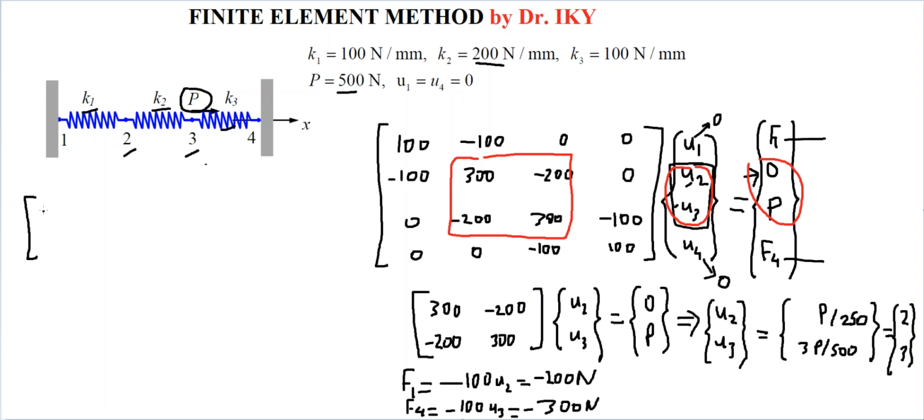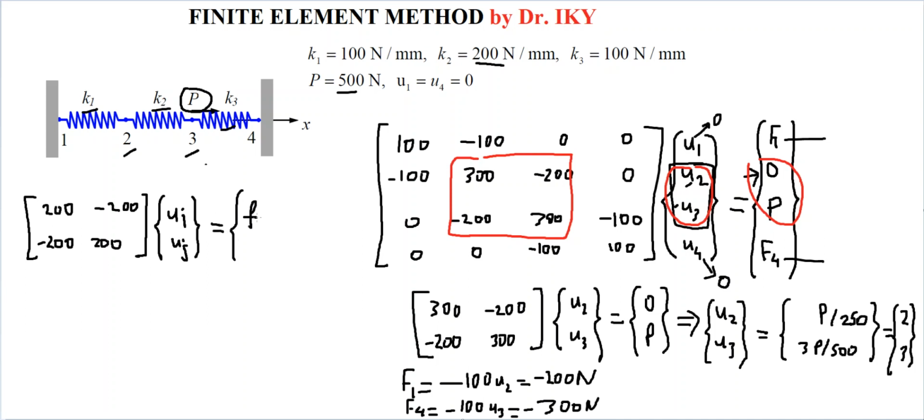Because of that, just K2, 200, minus 200, and Ui, Uj, and just for this second element, the initial force Fi, the outlet Fj, and we can say i is equal to 2, j is equal to 3, the numbers of the nodes for element 2.